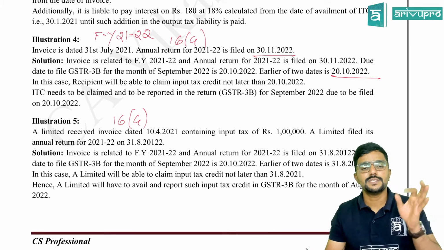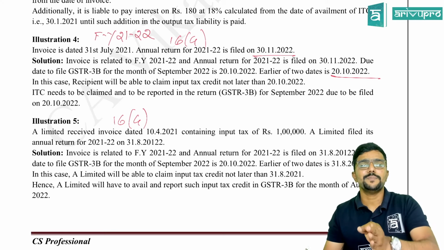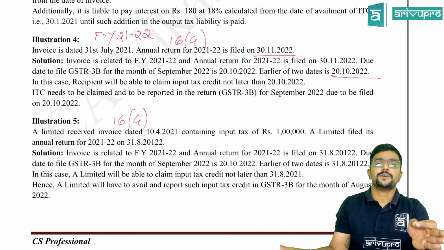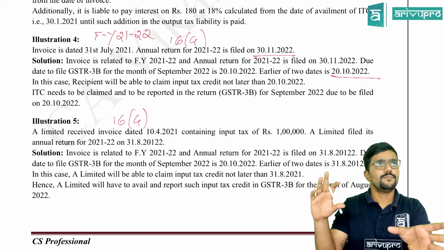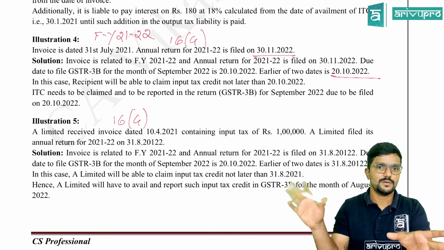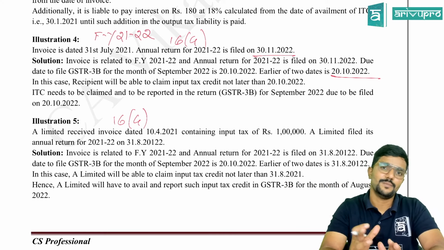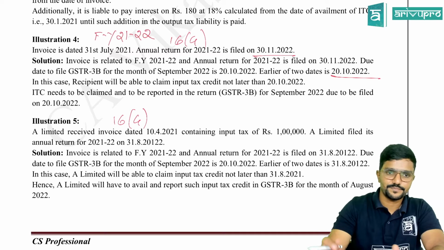So in the GSTR 3B for September, filed within 20th October, he will claim this credit. Maximum. Before that, any time he can claim.